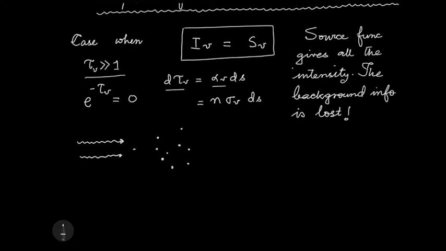So d tau large means ds is large, or alpha nu is large, or both are large, which means there are a lot of collisions. So these photons come and collide with these atoms, and the energy of the photon gets equally distributed in these atoms.